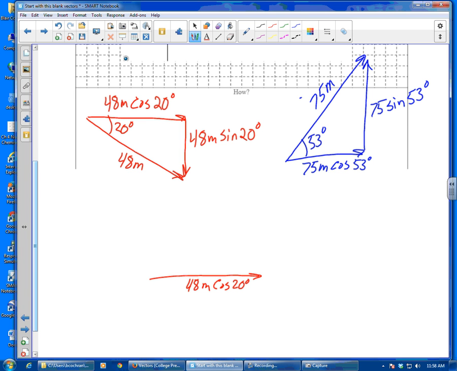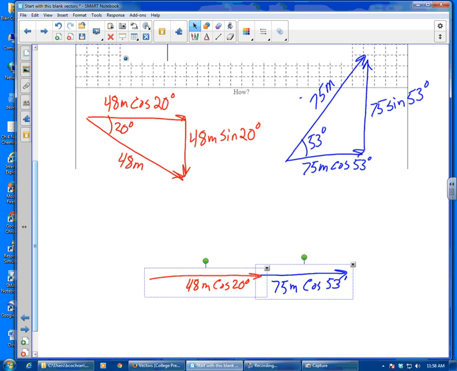How do I arrange them? Tip to tail, right? So I'm going to put the horizontal part of B right here. That's 75 meters cosine 53. Of course, you could work these out to their values, right? Now, because I have the blue pen, I might as well continue in the blue. Move this down a little bit.